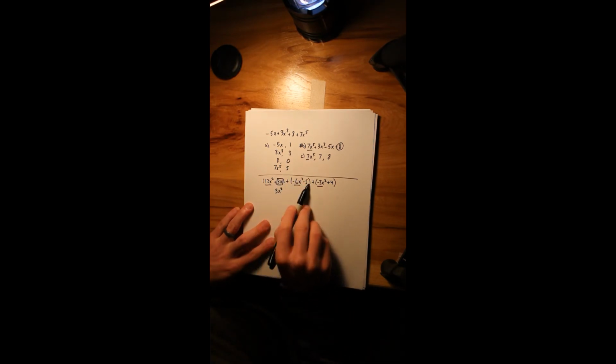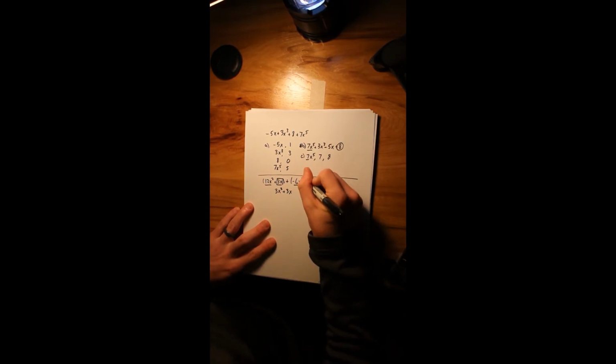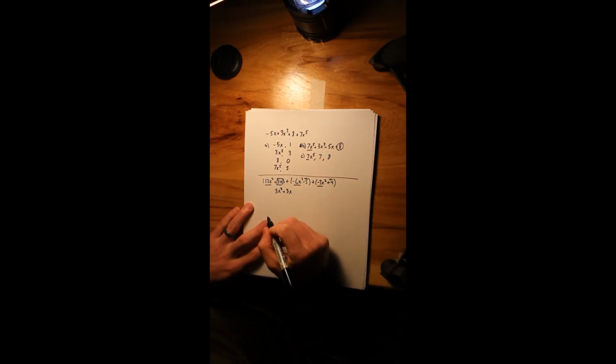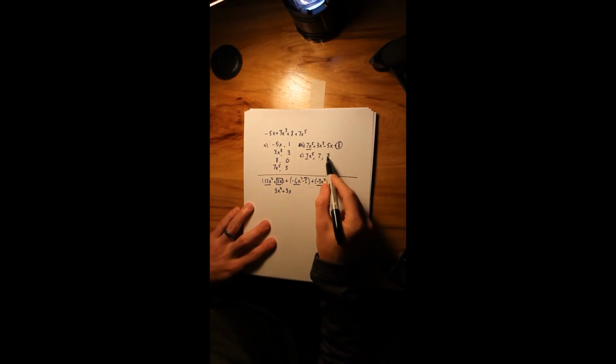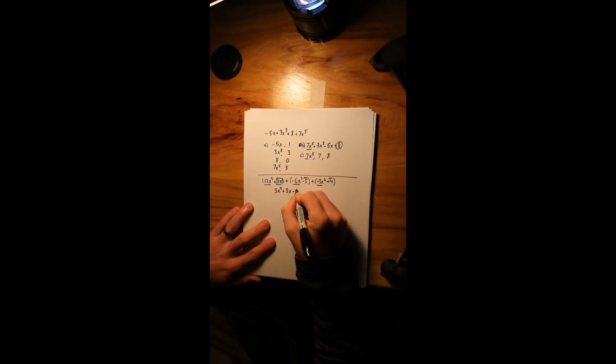Well, there's just the one, so plus 3x. And lastly, we'll go with the constants. Remember up here, constant piece. That would be negative 5 plus 4, so that is negative 1. And we are finished.